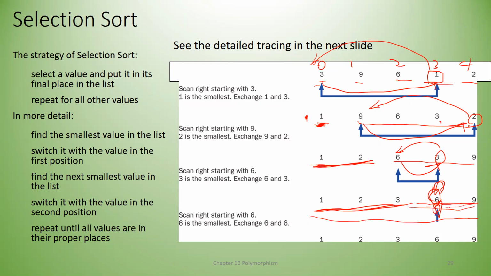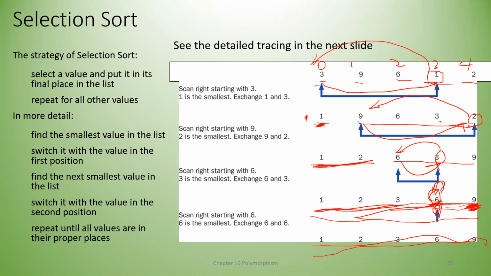Oh, I'm sorry, here this is actually the last one. After this round, this is the last one, so it's sorted. Yes, for this one. Once this is in place, this is the leftover, so by default it's the last one, the largest one. So that's the sorted list.